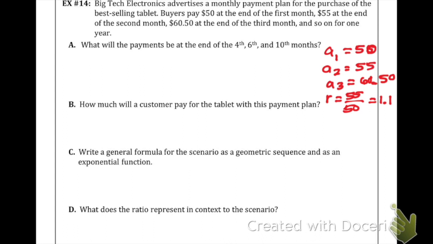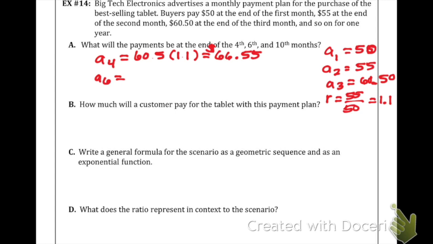So we want to know the fourth month. So my fourth month would be 60.5 times 1.1, which would get us 66.55. Times 1.1 again would get me 73.205 for the fifth month.